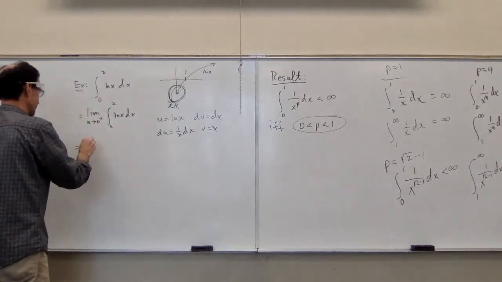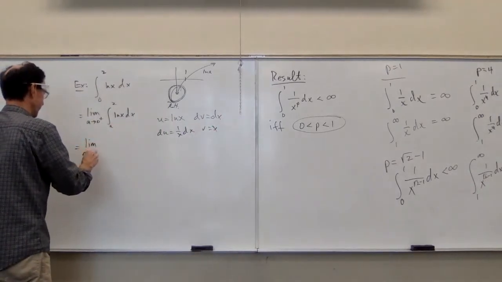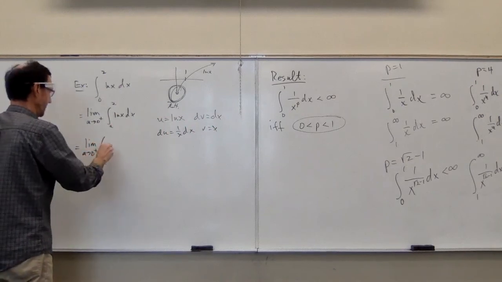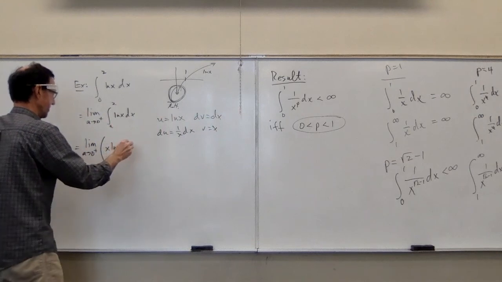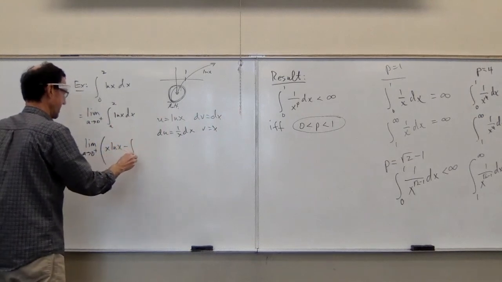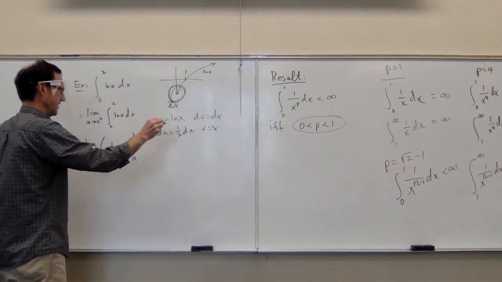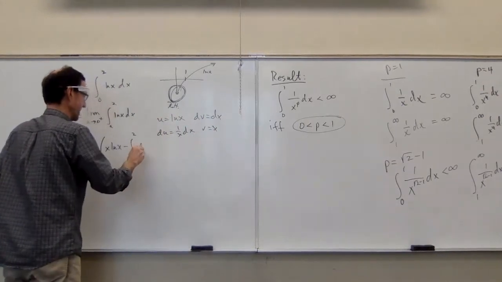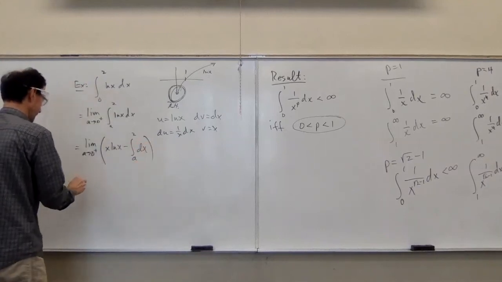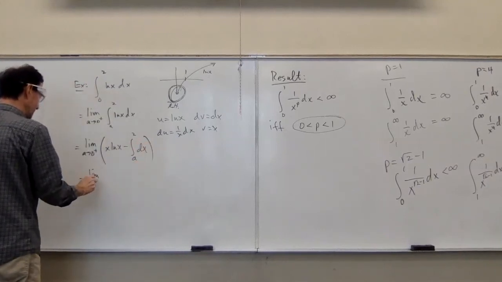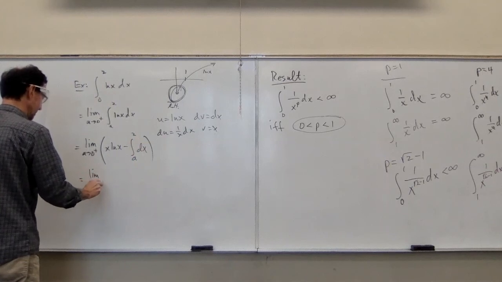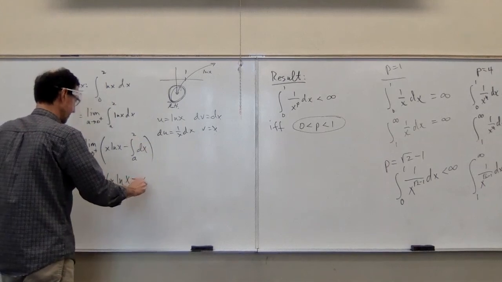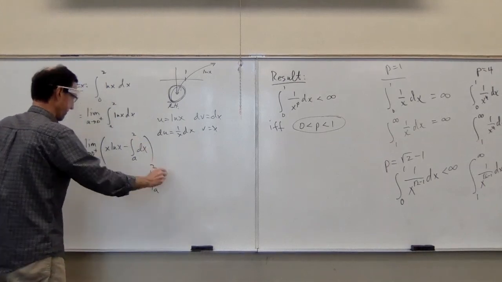And so we get, still inside the limit, the antiderivative is uv, x ln x, minus the integral from a to 2 of v du. Well, notice the x's just cancel, so we just get dx. And that's an easy one, couldn't ask for it to be any easier: x ln x minus x, from a to 2.